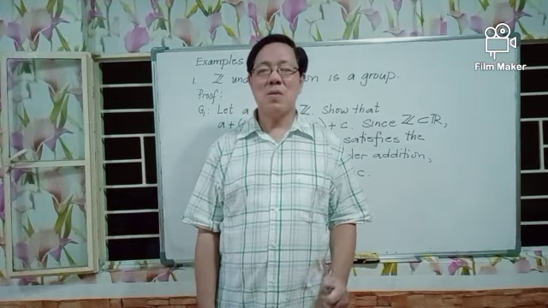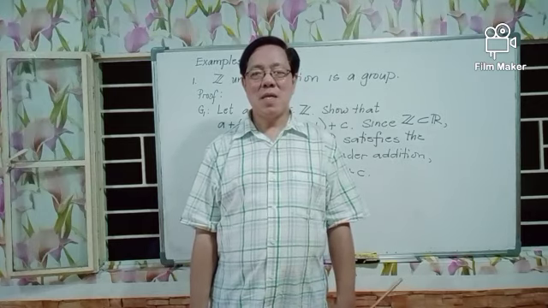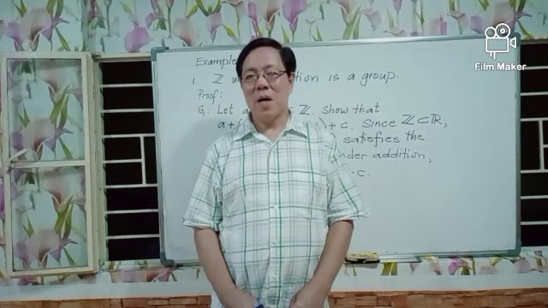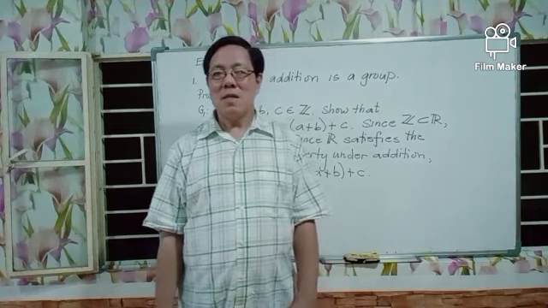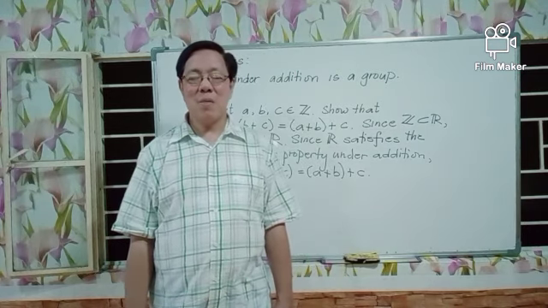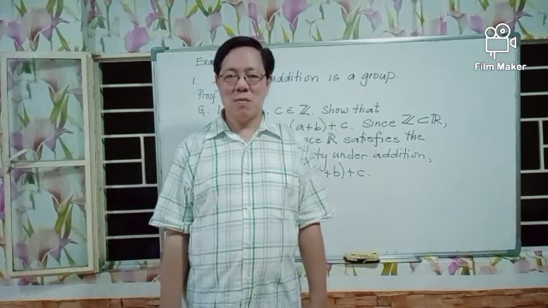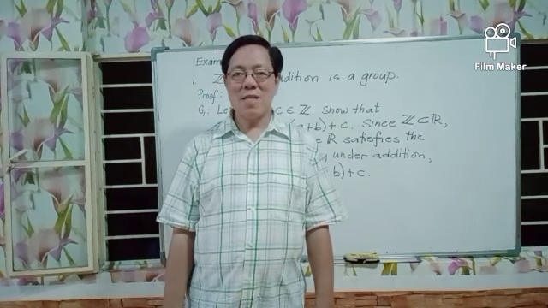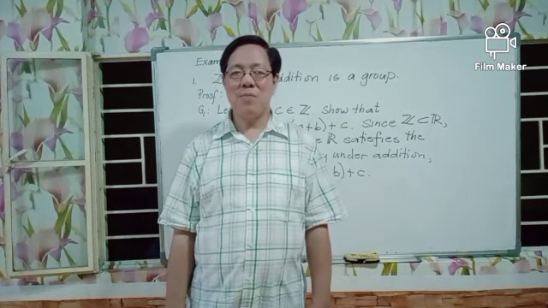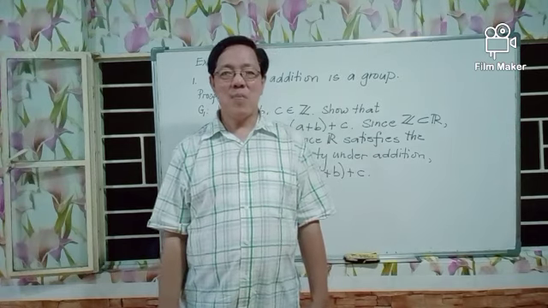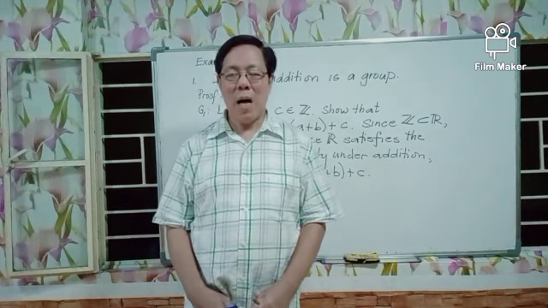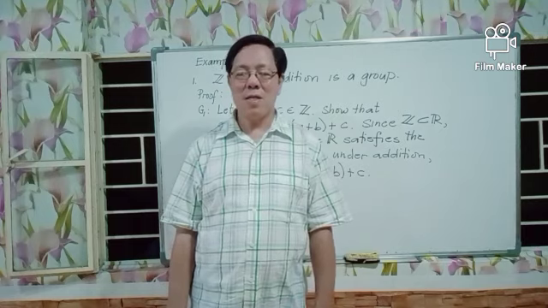We write now the second property satisfied by the set Z of integers under the binary operation addition. And it is the existence of identity element. In this example, it is 0 under the operation addition.